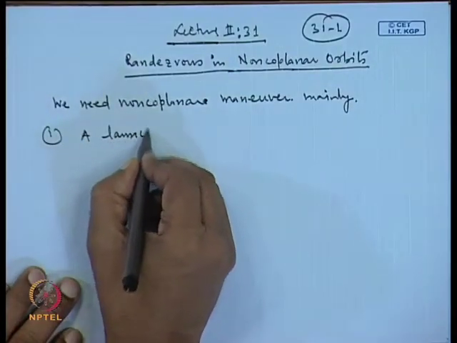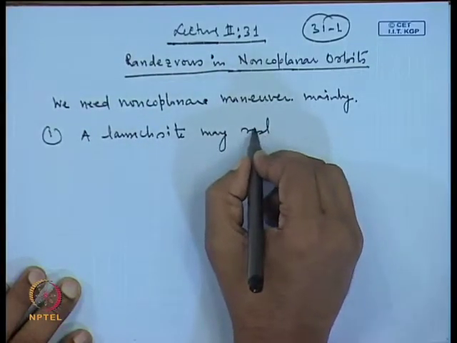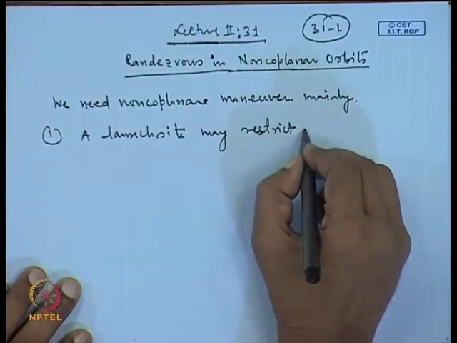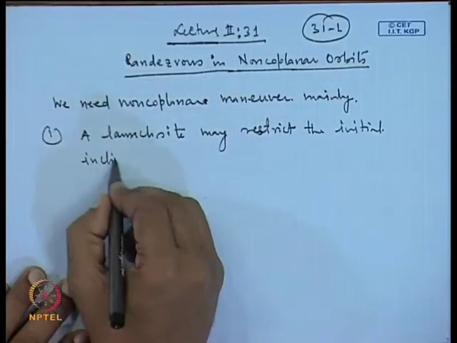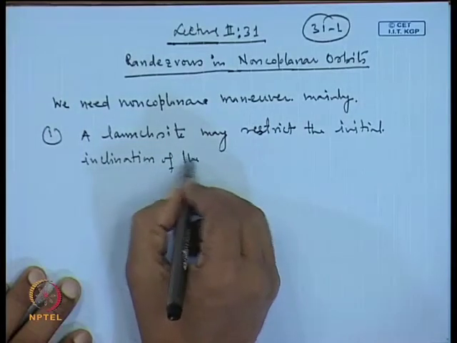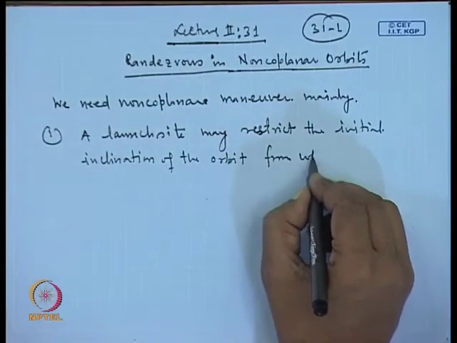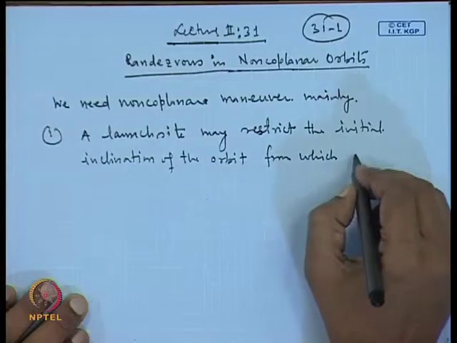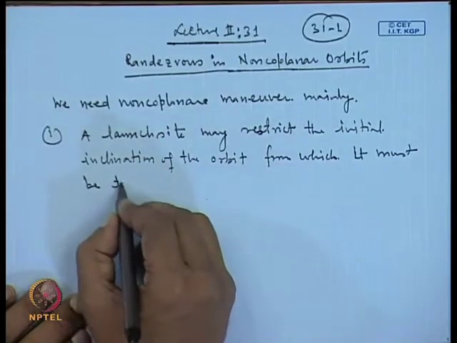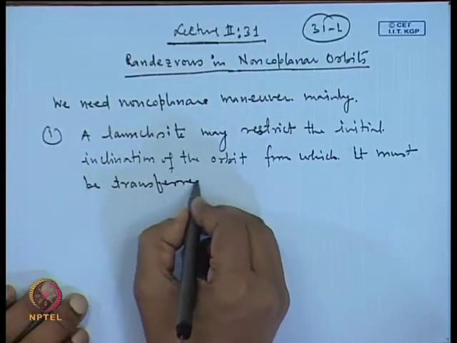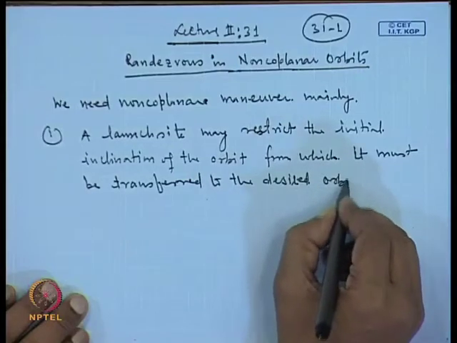A launch site may restrict the initial inclination of the orbit from which it must be transferred to the desired orbit.